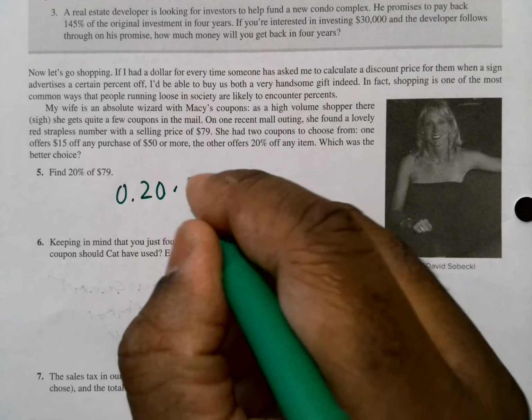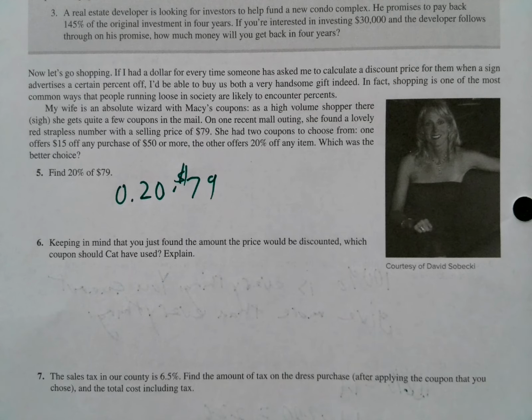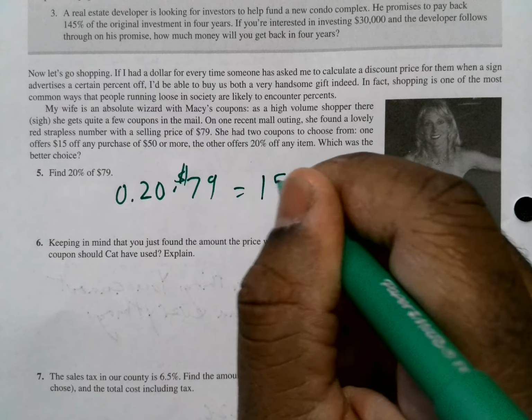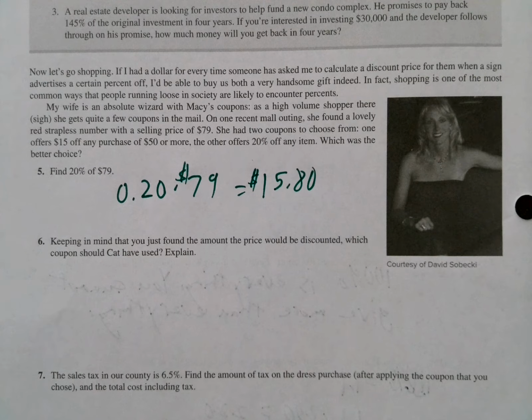And then of means multiplication, and then $79. So when we multiply this, this will give us $15.80. That's how much money will be taken off. It says, keep in mind that you just found the amount the price would be discounted. Which coupon should Kat have used?